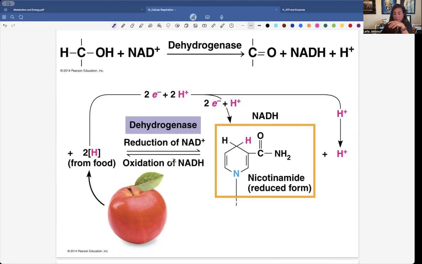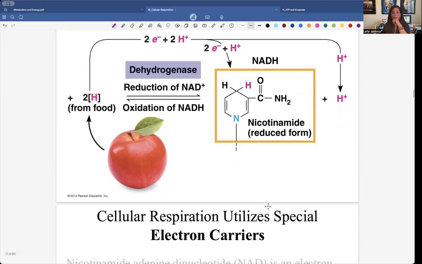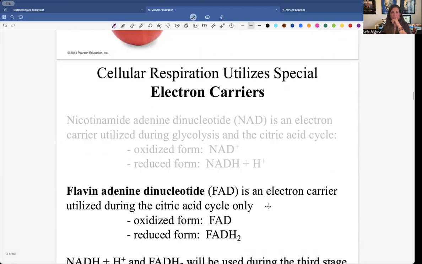That means that the electrons that are coming in are going to be used to reduce NAD+ into NADH. Once I go through the process, you'll understand.